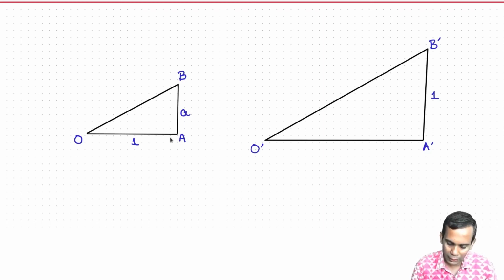Let's call it O prime, A prime, B prime, where the vertical edge is of length 1. Now the ratio a over 1 is the same as the ratio of 1 over this edge O prime A prime. So that means that this O prime A prime is of length a inverse. And so if you can construct a, then you can also construct a inverse using straight edge and compass. And this shows that all constructible numbers indeed form a field.